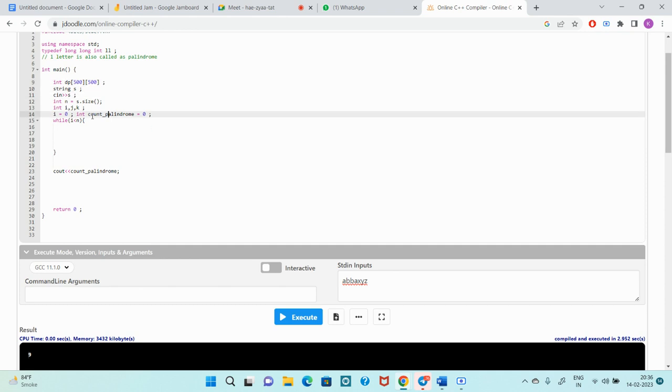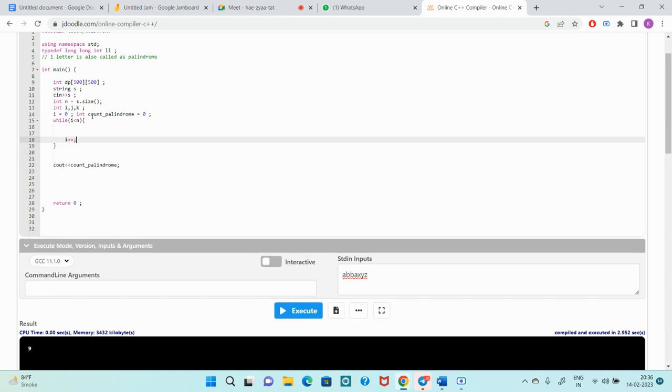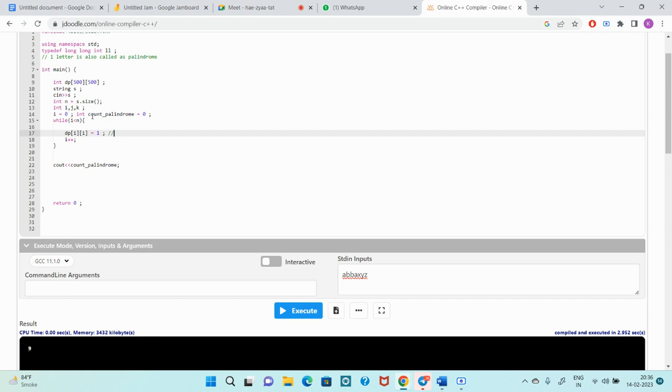That's fine. Guys, I am writing a very simple thing. Everyone should be able to understand. All I am writing is that dp[i][i] equals 1. Let's consider 1 means true and 0 means false.